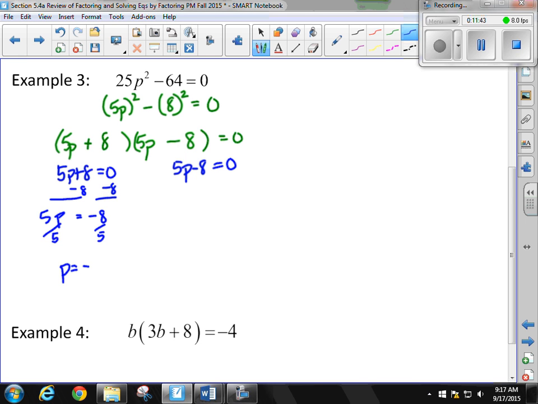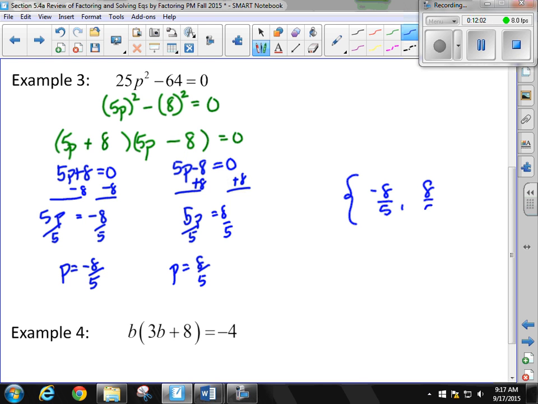So p = -8/5. Second equation, add 8 to each side. 5p = 8. Divide both sides by 5, and we get p = 8/5. So my solutions are -8/5 and positive 8/5.